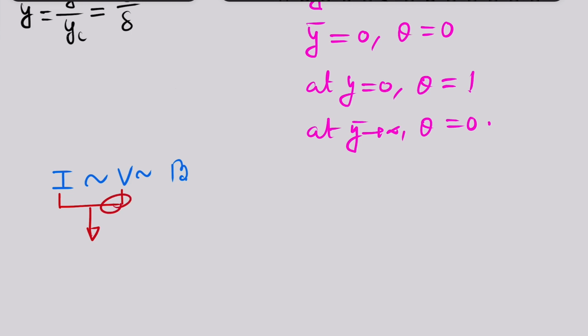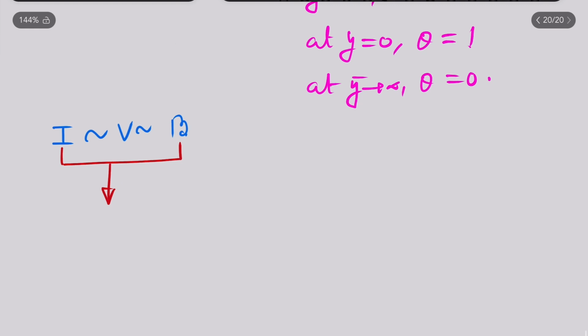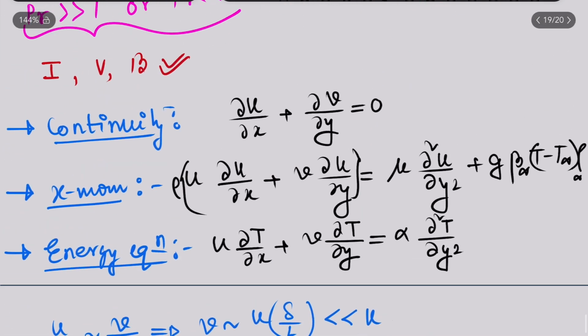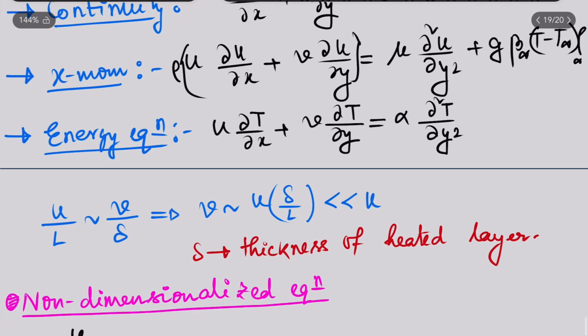Or sorry, let us go for the balance of inertia and buoyancy. Why? Because buoyancy has to be important. Obviously inertia and viscous both have to be important right now, but still to get the order of magnitude of u, we will balance inertia and buoyancy. So how can we get u? Let us see.